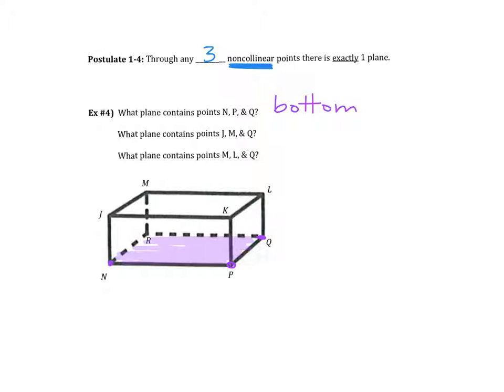Okay, so then it says, what plane contains points J, M, and Q? This one requires a little more depth of thought. It's not the back one. So here's J, here's M, here's Q. Can you tell me, before you try to tell me about the plane, what the 4th point that would be associated with those 3 would be? Not L, it'd be P, okay?